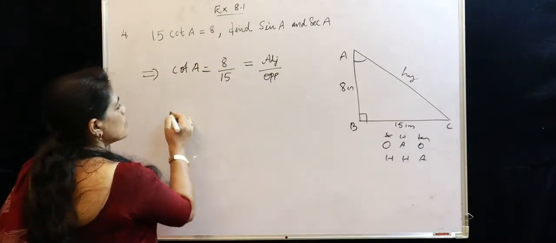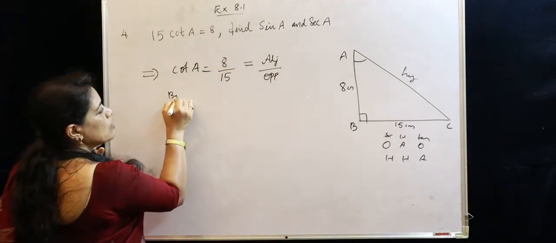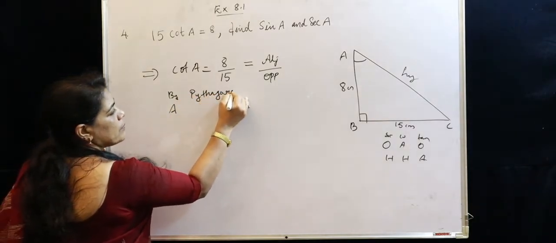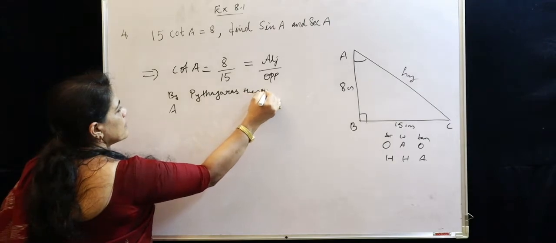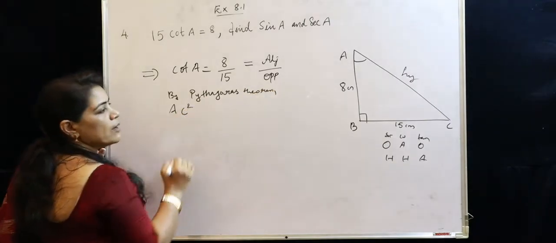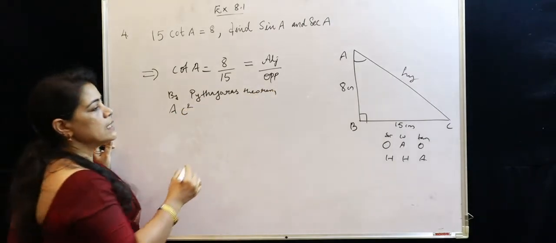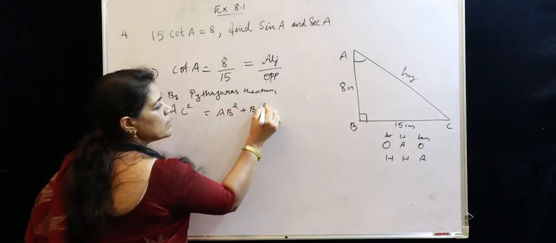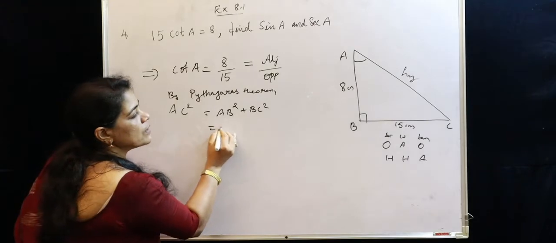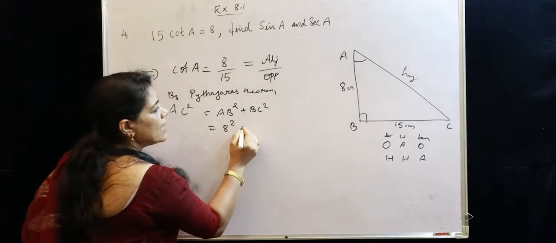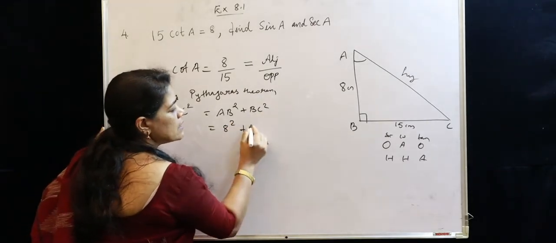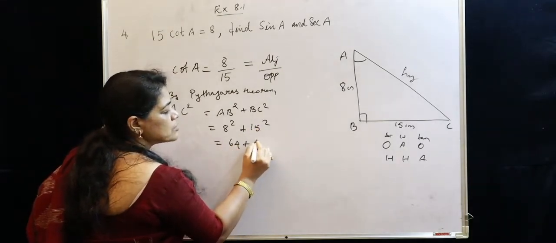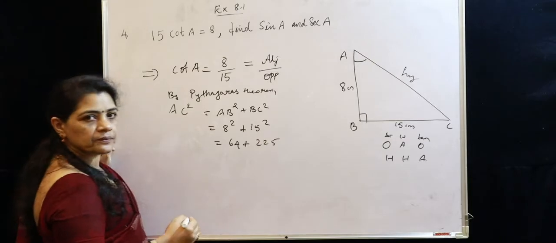So by Pythagoras theorem, AC square, the square of the hypotenuse, is equal to AB square plus BC square. AB square is 8 square plus BC 15 square, that is 64 plus 225.